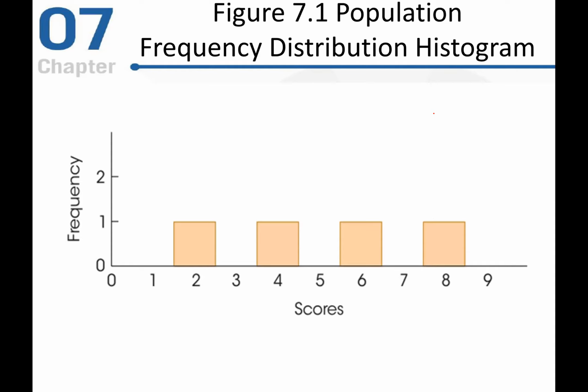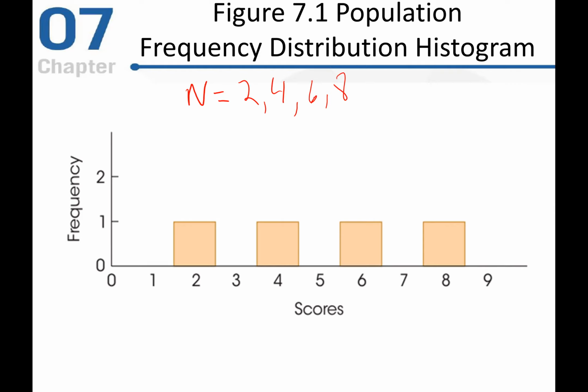So here we have a population frequency distribution histogram, right? In this population, we have a population of scores, N. The scores are 2, 4, 6, and 8.